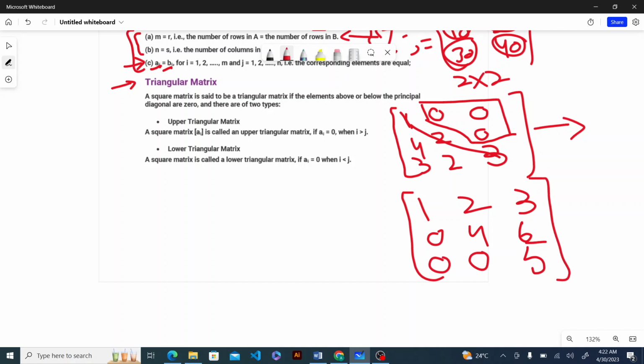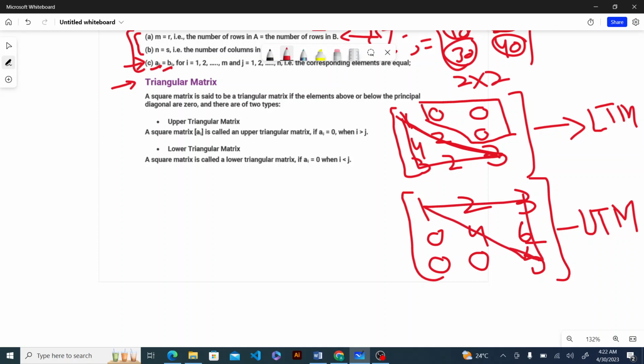This is the lower triangular matrix, and this is the upper triangular matrix, because see, it is making a triangle below, lower triangular matrix, and this is making a triangle above, so it is upper triangular matrix.